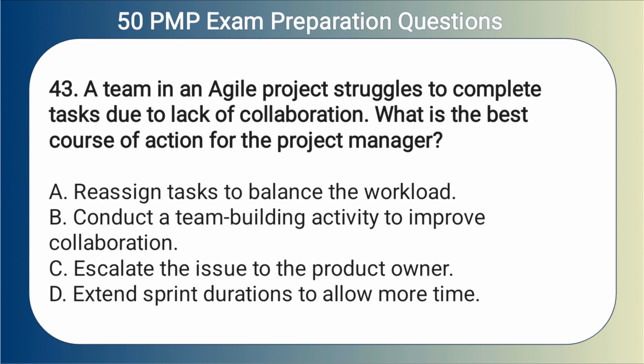43. A team in an Agile project struggles to complete tasks due to lack of collaboration. What is the best course of action for the project manager? A. Reassign tasks to balance the workload. B. Conduct a team-building activity to improve collaboration. C. Escalate the issue to the product owner.